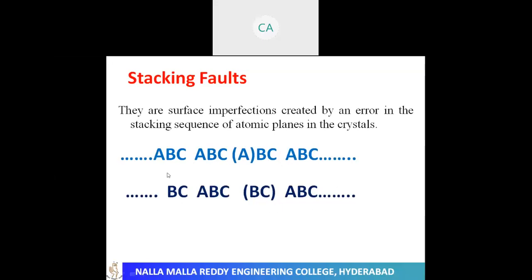Suppose the plane A within the bracket is missing, then the stacking becomes BC, ABC, BC, and ABC. The two planes BC found in the middle of the FCC stacking are then termed a stacking fault. In other words, stacking faults can be called discrepancies in the packing sequence of the layers of the crystal structure.